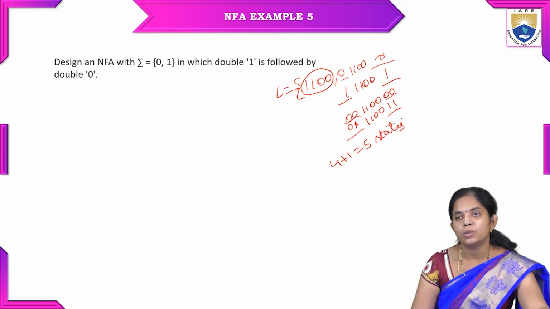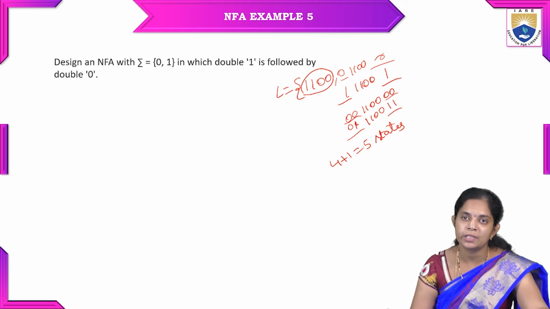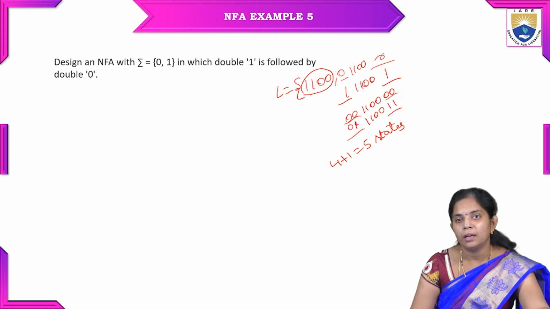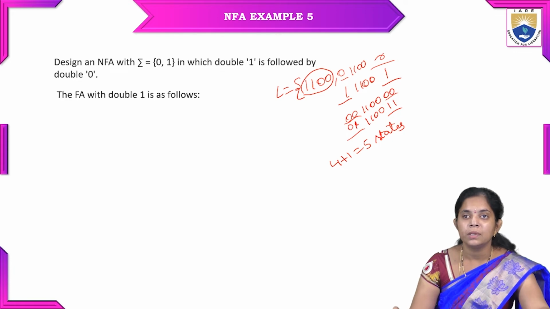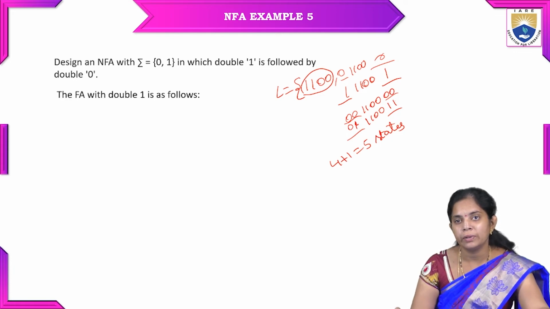So let's see. Every time we construct an NFA, here we have to start with Q0, and it has two final states. How is it going to be? For this, two conditions should be satisfied. First, the finite automaton for double ones.